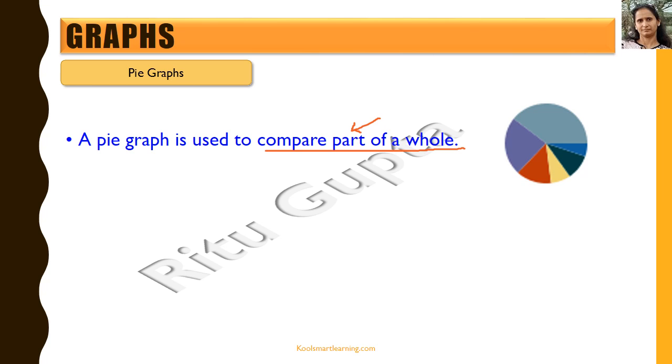So we are saying, if we look at this yellow colored pie, we can see that this is a small part of the whole. If we look at this lighter blue part, we'll say this is a big part of the whole. So pie graphs are used to compare part to the whole.